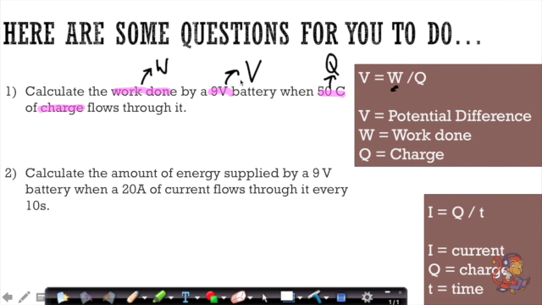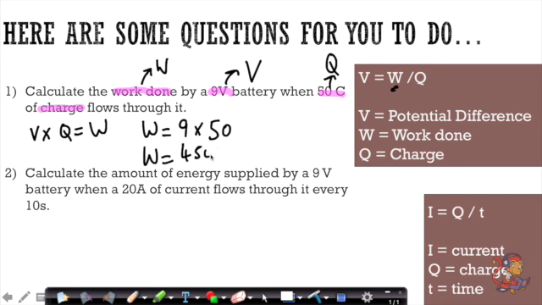So we multiply both sides by Q, that will get rid of it there, and we'll put it on the other side. So V times Q equals W. So work done equals the voltage, or the potential difference, which is 9, multiplied by the charge, which is 50. So work done equals 9 times 50, which equals 450 joules.